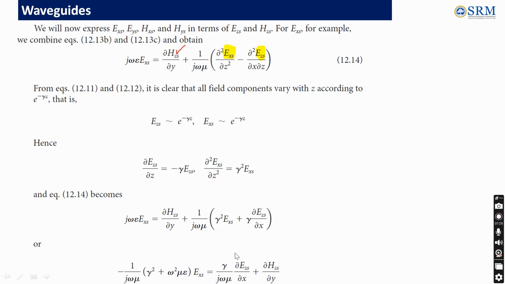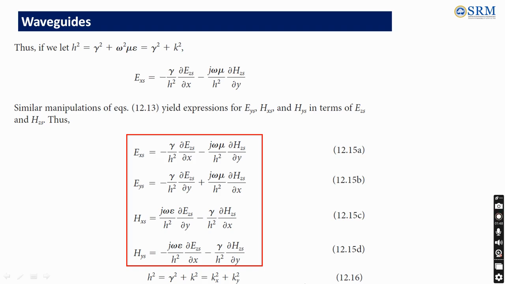So what I'm going to do next is combine the common terms. So Ex_s is common, right? So I'm going to take the Ex_s term that is available here to the left hand side, and we are going to write the other terms, the differentiation terms, on the right hand side of it.